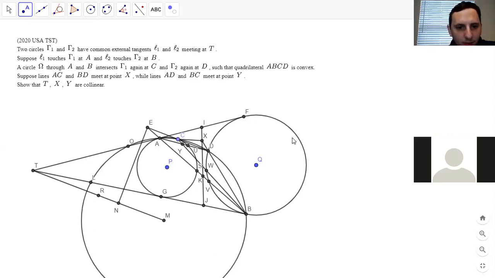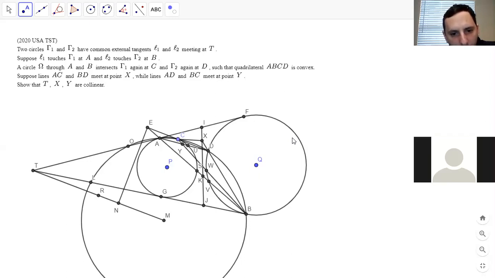Yes. And the same with B. So we need the ratio UC over UK times AK over AC is equal to WD over WV times BV over BD.